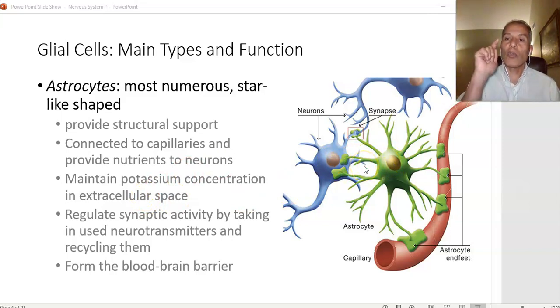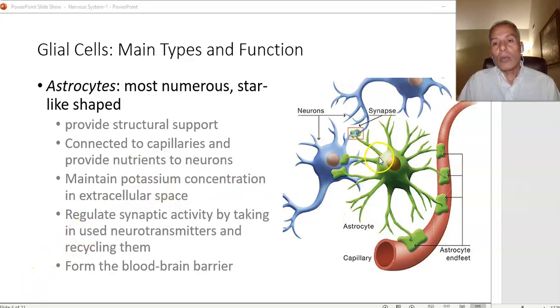Potassium is needed for transmitting signals in and out of neurons. So if there's extra, the astrocyte will absorb it, and it will either keep it until the neuron needs it again, or pass it on the other side to neurons that do not have enough in their extracellular space. This way they regulate the concentration of potassium in the extracellular space.